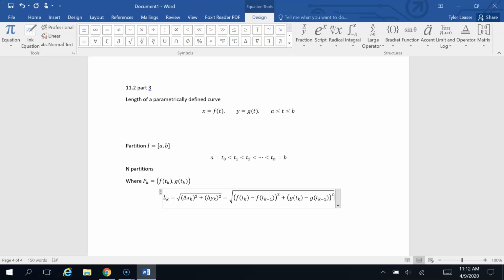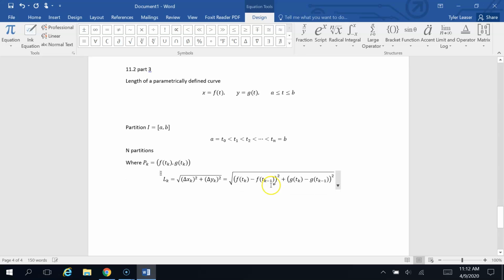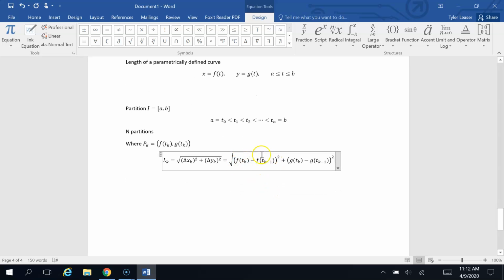So the distance of the x values of my partitions, the distance of the y values of the partitions, and then they're both squared.